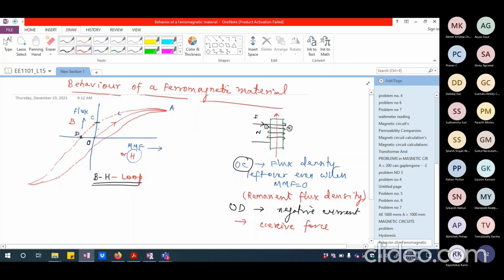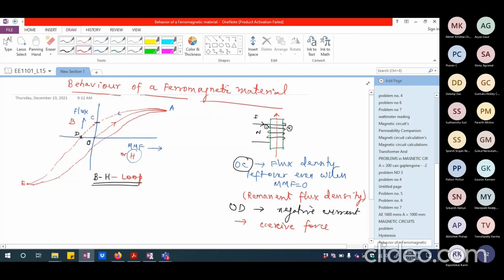Now when I increase the current further in the negative direction, I'm going to call this point as E. So I see that it has reached again a saturation as far as the flux density is concerned in the negative direction.